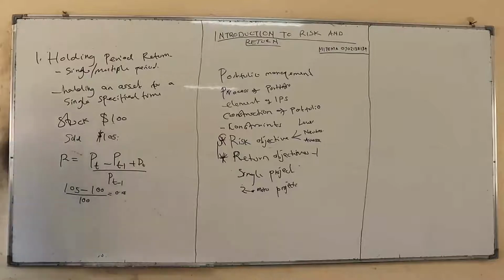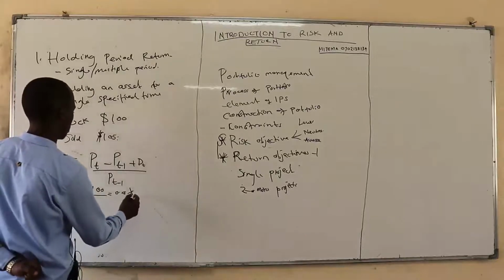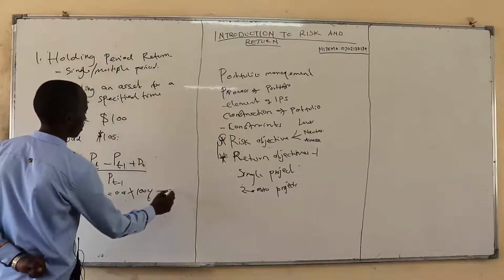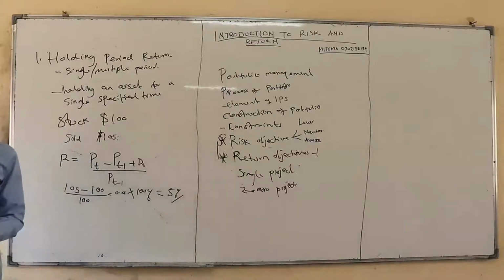So you find it's 0.05. Now mostly the returns are denoted in terms of percentage, so you convert this into a percentage by multiplying it by 100, and the answer is 5% return.